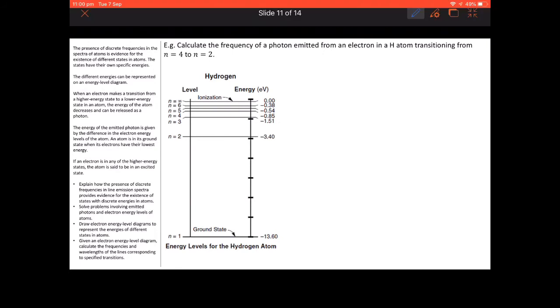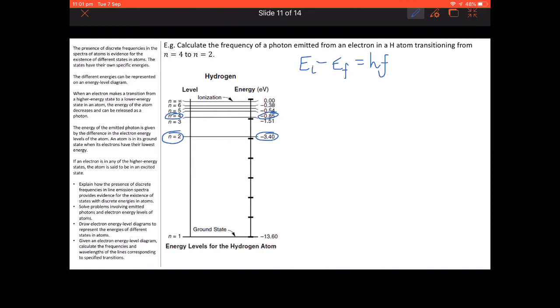So we've got an example here. Calculate the frequency of a photon emitted from an electron in a hydrogen atom transitioning from n=4 to n=2. So we'll be looking at these values here for energy. To do this, we'll use our rule. Initial energy minus final energy is going to be equal to Planck's constant multiplied by frequency.